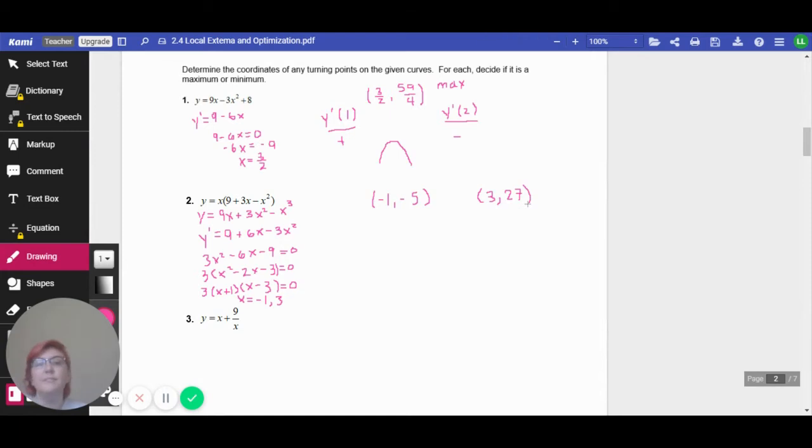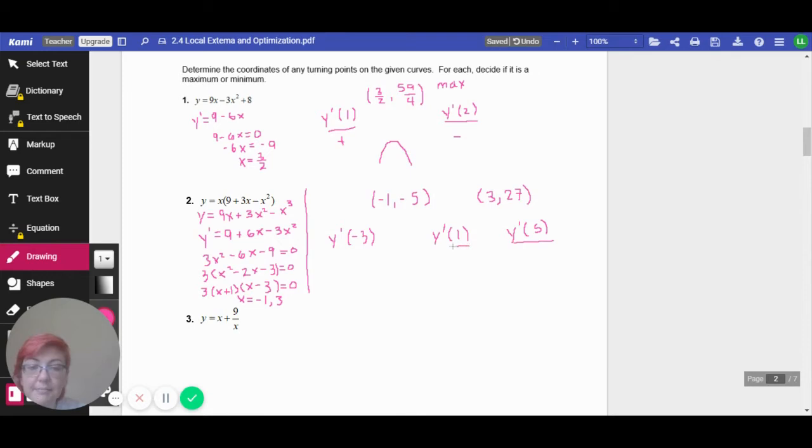Okay, so I'm going to pick some x values from here, less than my first point, between my 2 points, and then greater than my second point. So I'll do y prime of, we'll go negative 3, y prime of maybe 1, that's between negative 1 and 3, and then y prime of 5, which is greater than the x value of 3.